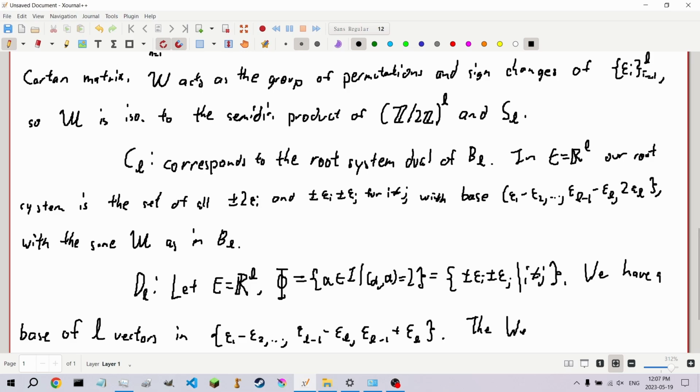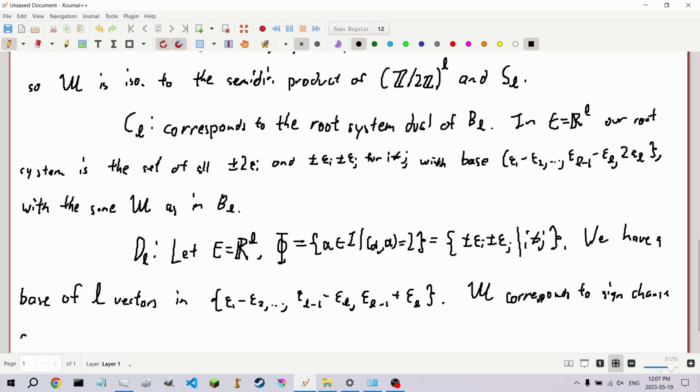And the Weyl group corresponds to sign changes and, one second, no, it corresponds to permutations as always, and even sign changes.